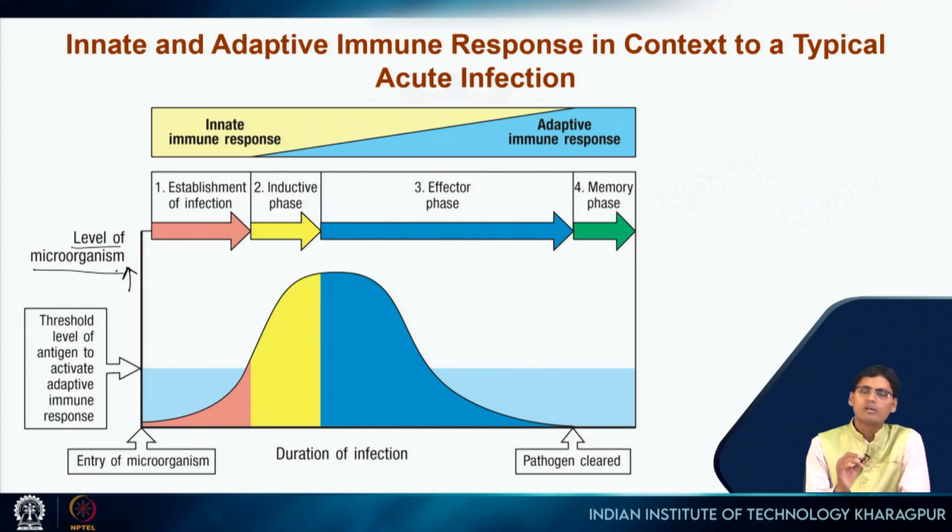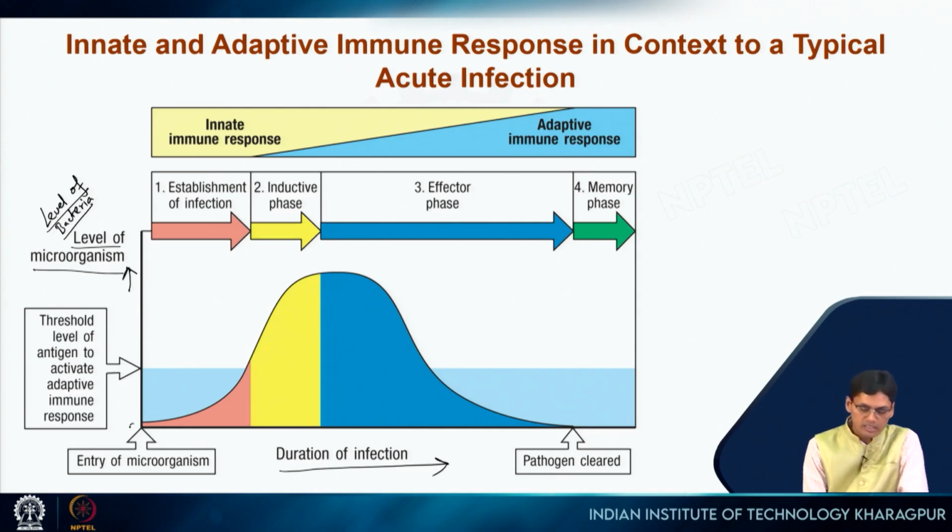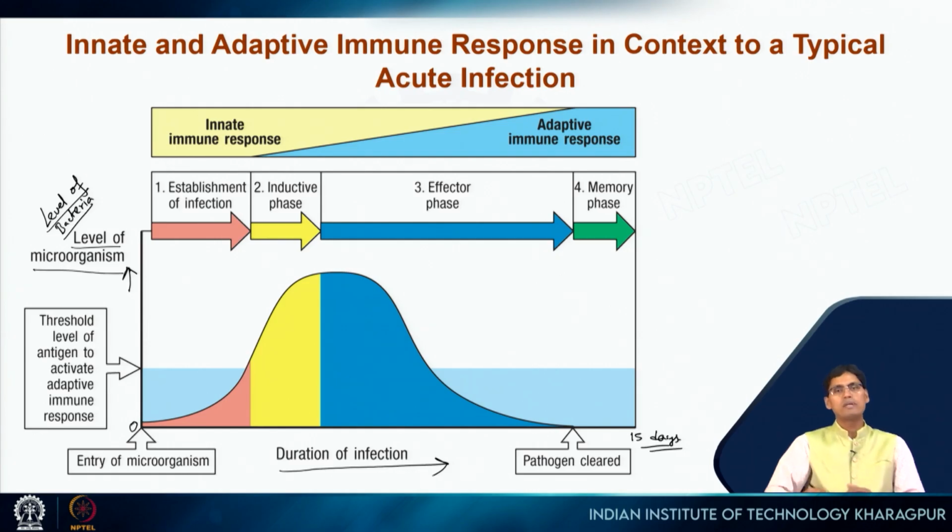Just for the time being, you can imagine this is the level of bacteria, some pathogenic bacteria, right? And in the x-axis, the duration of infection. This is the starting point, 0 days, and at the end it is 15 days, something like that, not a hard and fast rule, but it should be somewhere like 0 to 15 days.